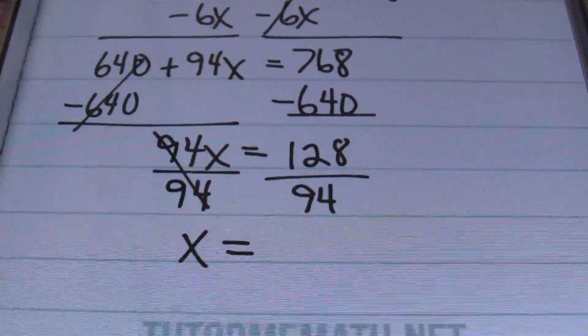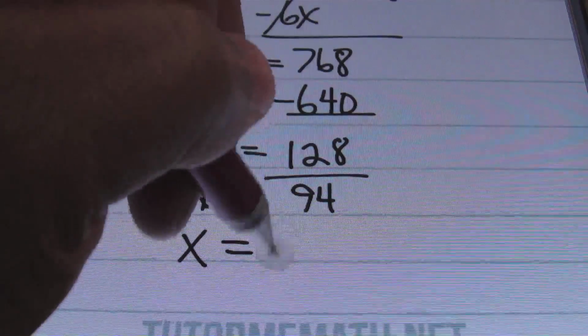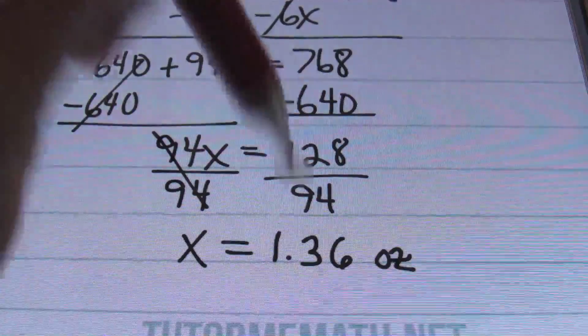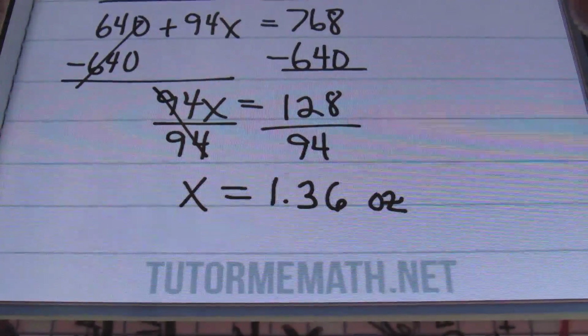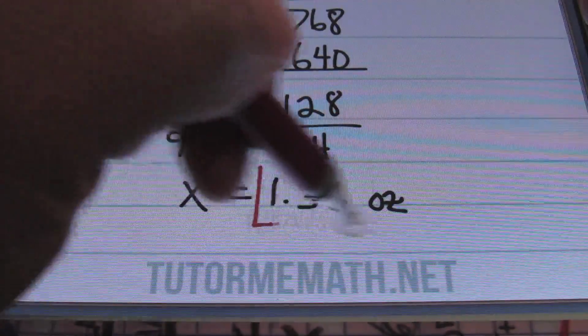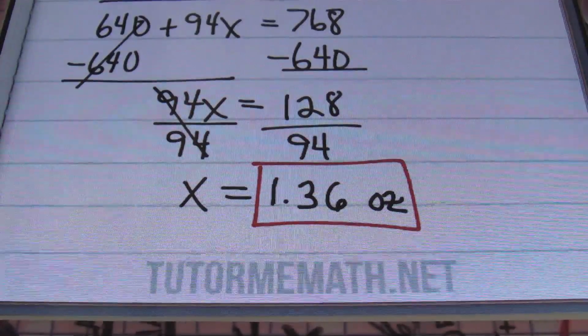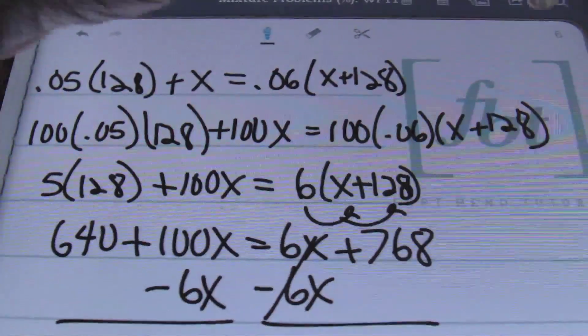And so x equals, dividing 128 by 94 gives us a result of 1.36 fluid ounces, ladies and gentlemen, and that is rounded to the nearest hundredths place. And this is my answer. We'll need 1.36 ounces of pure acid, ladies and gentlemen, in order to give us our result. And that's the answer to problem number 3, just like that.